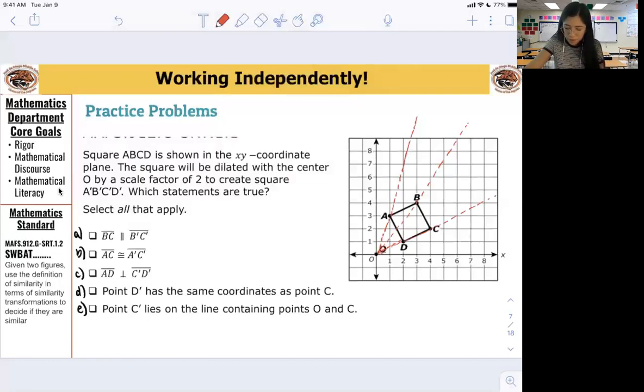So first things first, I know that the scale factor is 2, so I know that my image is going to be bigger or smaller. Scale factor 2, bigger, right? Now the center of dilation is the origin. So what little trick can I quickly do?